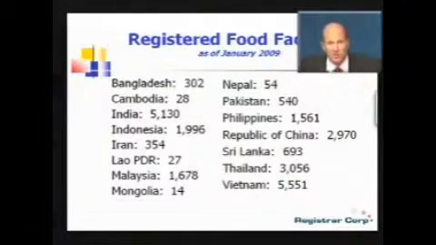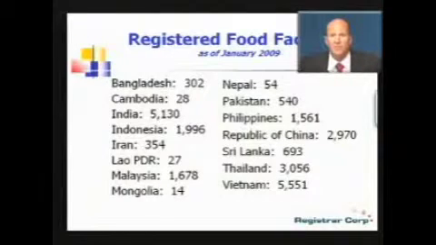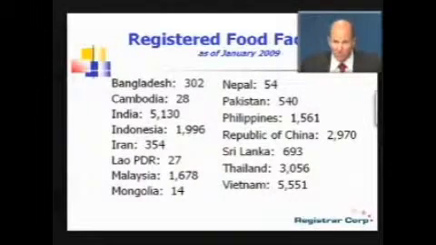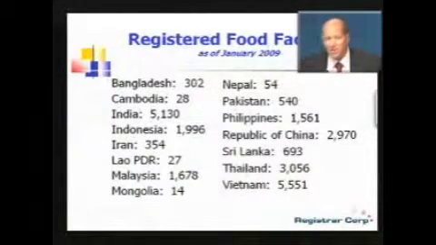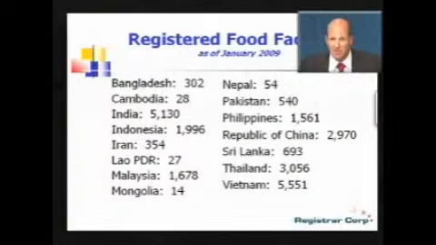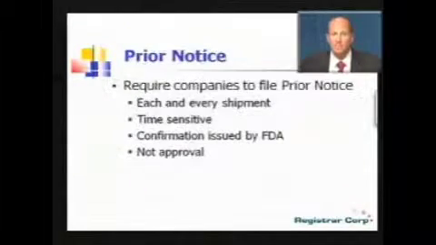For the countries that interest us today: Cambodia 28, Laos 27, the Philippines 1,561, and Vietnam 5,551 companies. Those numbers give you a little bit of an idea of how active those countries are in exporting, certainly to the United States.